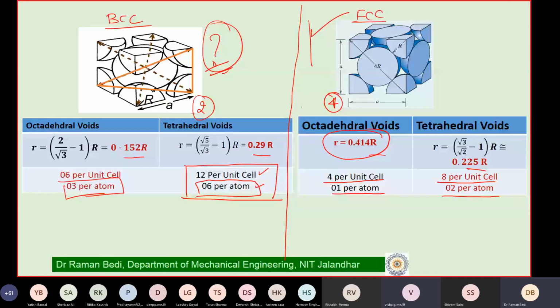Can you see it now? Yes, sir. So in FCC lattice, which voids are larger? Sir, tetrahedral.